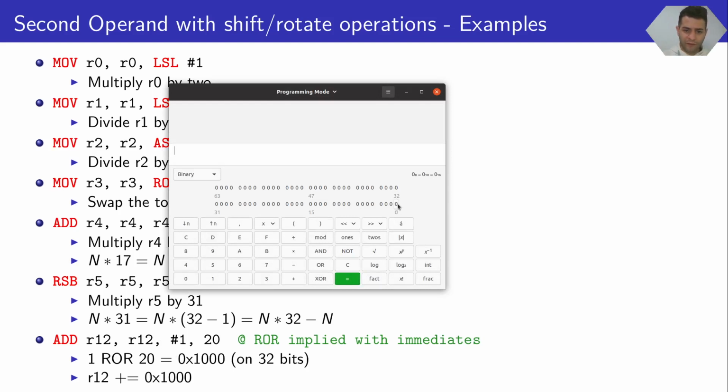Here we have 1, and we are rotating, not shifting, by 20 positions. So here we have the 32 bits. We go 4, 8, 12, 16, 17, 18, 19, 20. Okay, we have rotated this bit, and you see we got 1000 in hexadecimal.